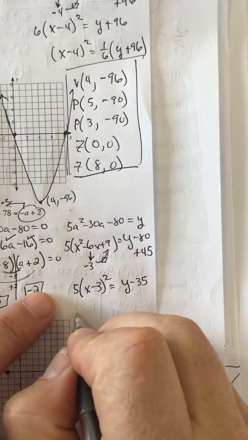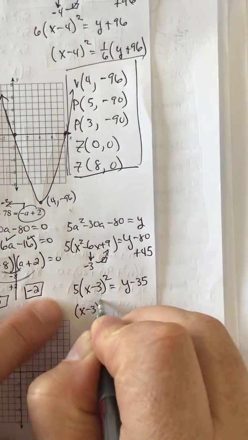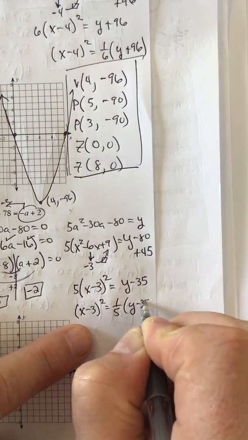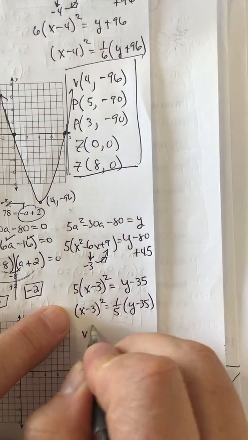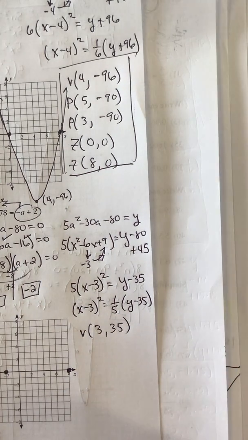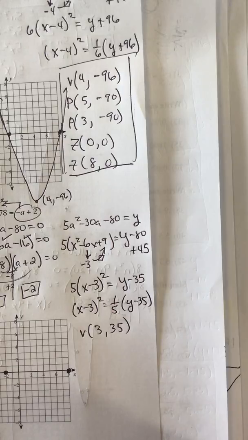I'm going to divide both sides by 5, so we've got x minus 3 squared, and then 1/5 y minus 35, and there's our vertex at 3, 35. Seems like something is not right there.